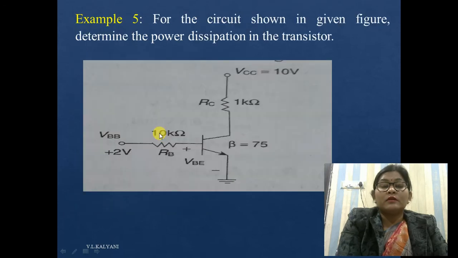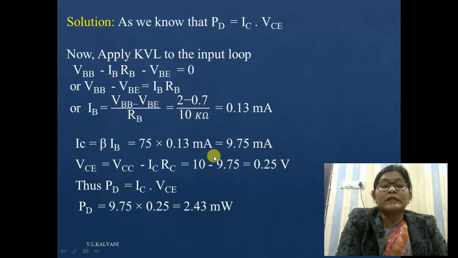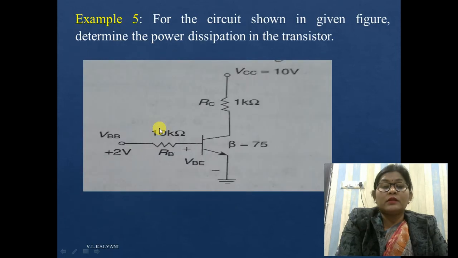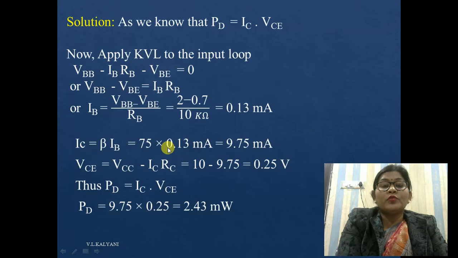Because this transistor is based on silicon, the value of VBE is 0.7, upon RB, which is also given over here, 10 kilo ohm. So put this value, and after this you can calculate the base current. The base current is equal to 0.13 milliampere.